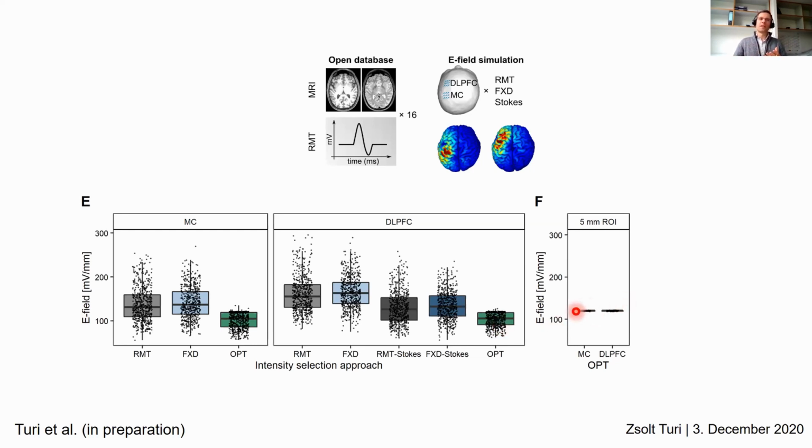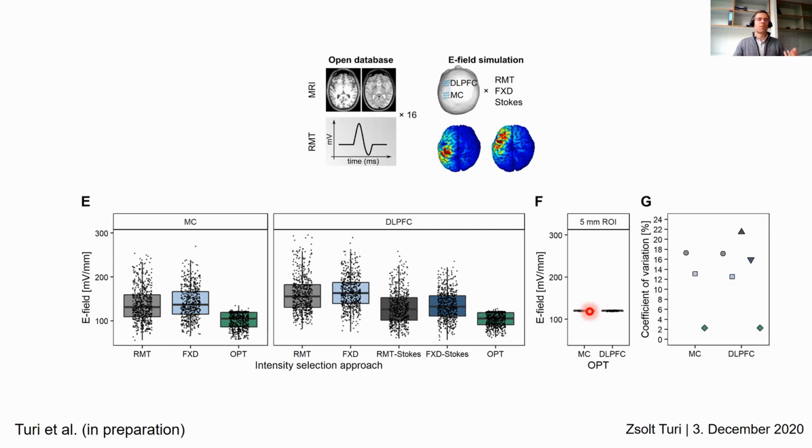But if we just particularly check for those ROIs where we optimized the E-field, then you've got virtually identical intensities and very much reduced inter-individual variability. So in order to reduce the inter-individual and intercortical variability, so between participants and between cortical targets, you need to do some sort of computational modeling, because the conventional approaches and their correction methods do not allow you to do so.